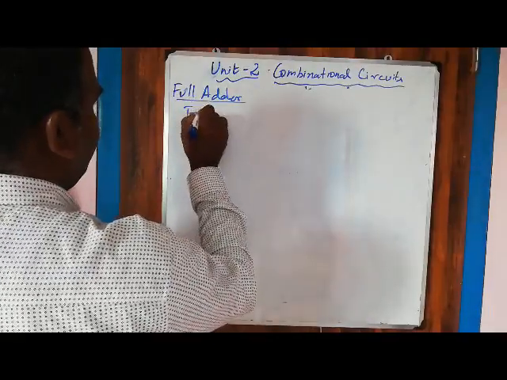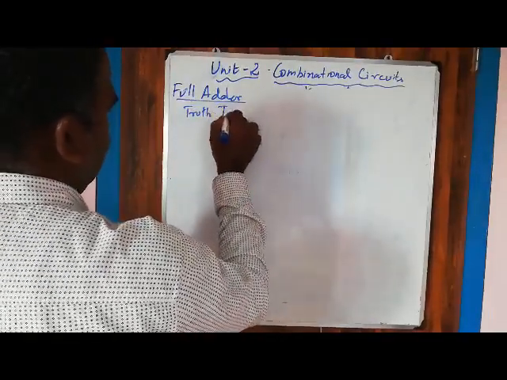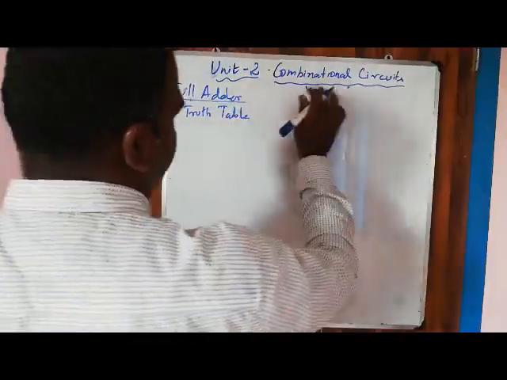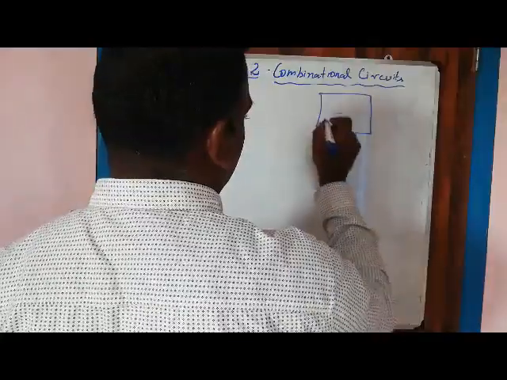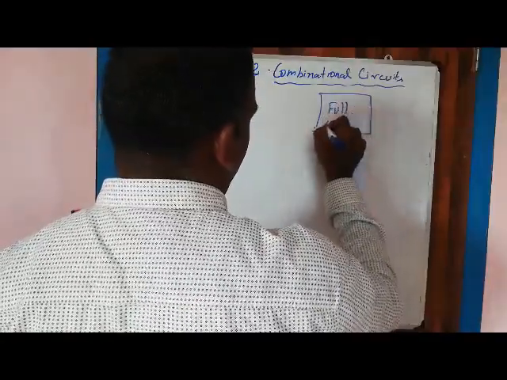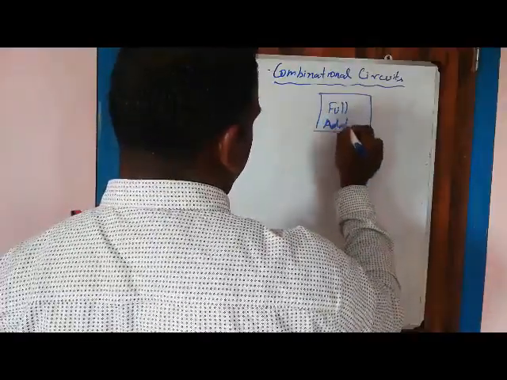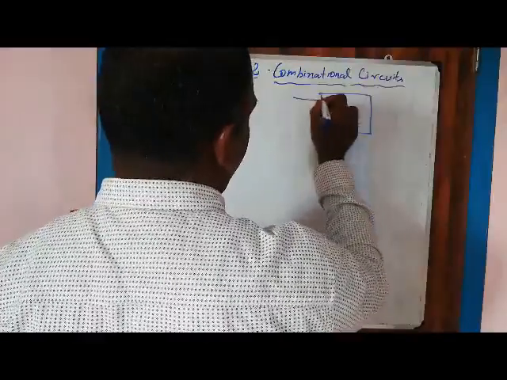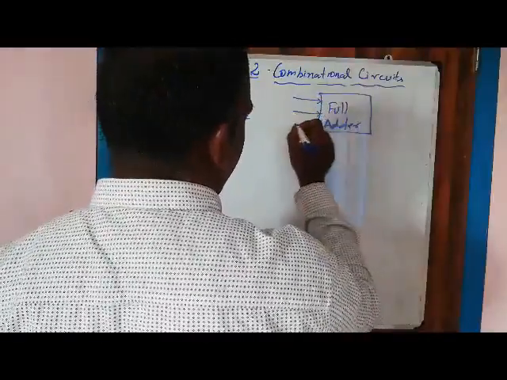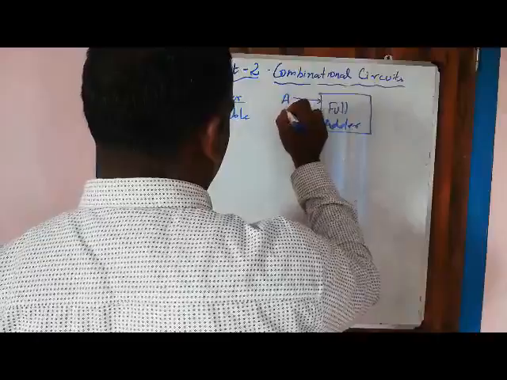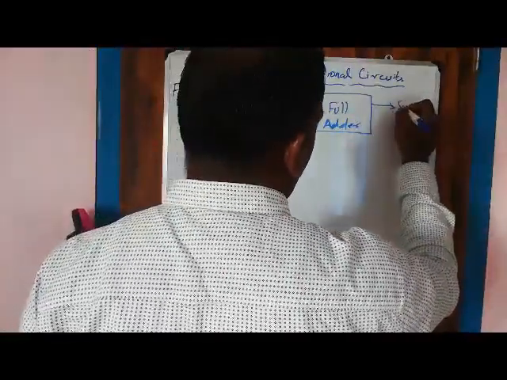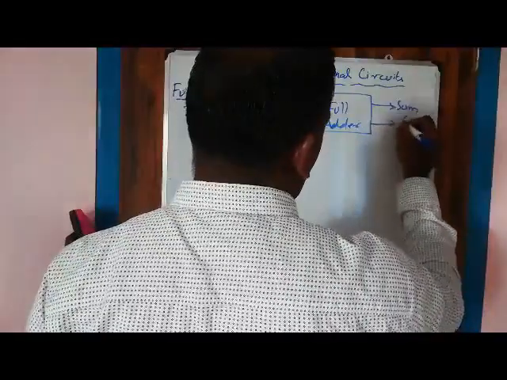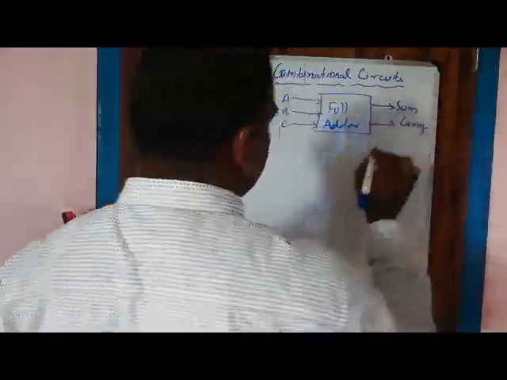So truth table for full adder. Before that, the logic diagram is, that is full adder. You have to give three inputs: A, B, C. Two outputs: sum and carry are the two outputs.